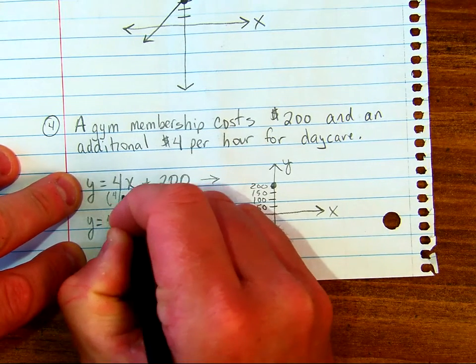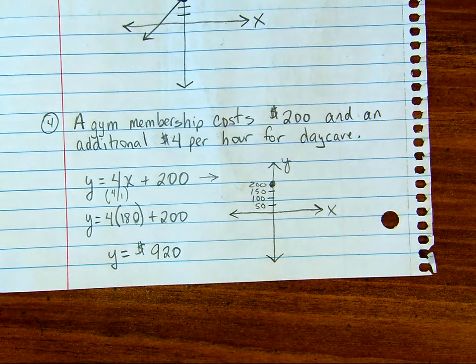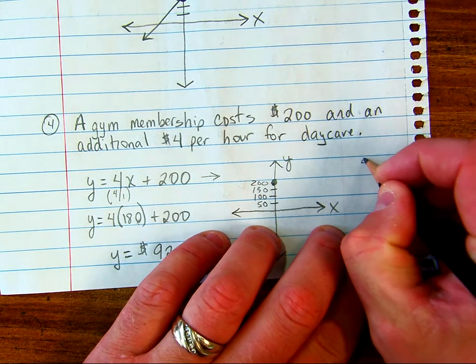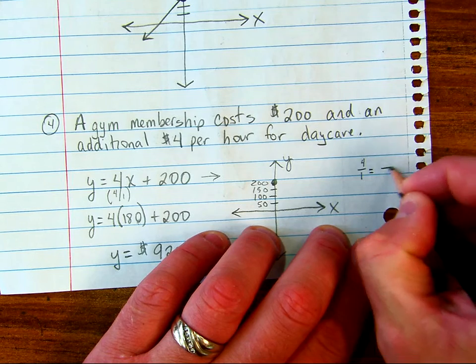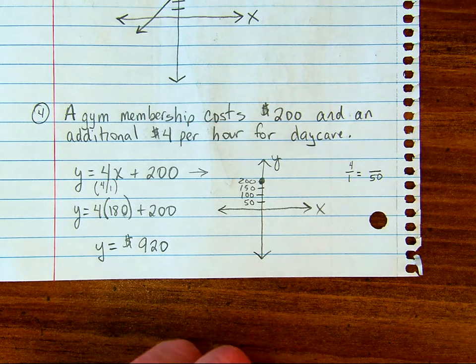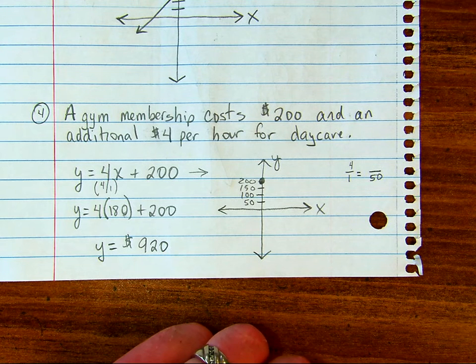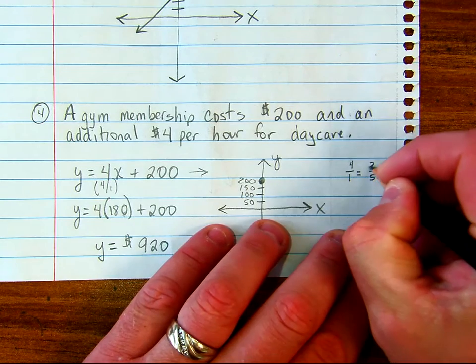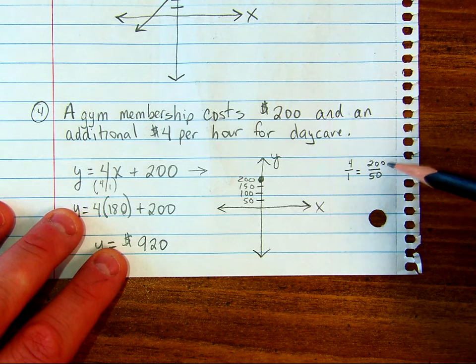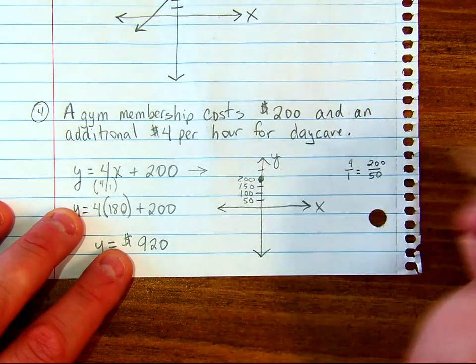Am I going to go up 4 over 1? If my unit rate is 4, and I'm counting by increments of 50, 4 over 1 is equivalent to how many 50ths? Timmy? 200. So my rise, my vertical change is 200: 50, 100, 150, 200.